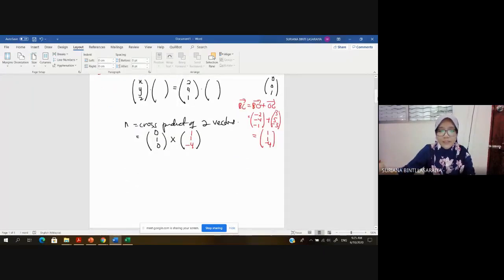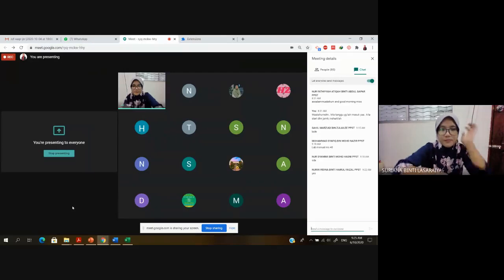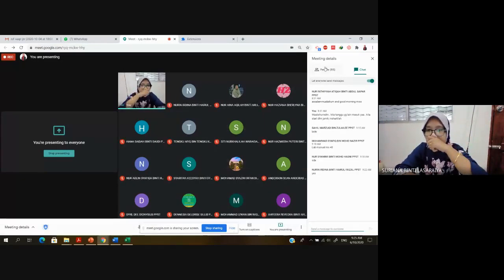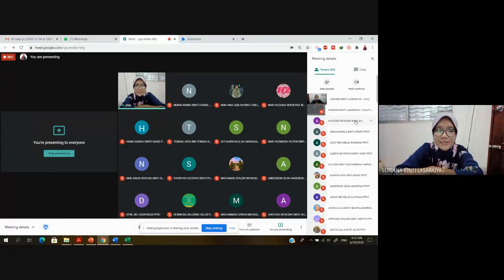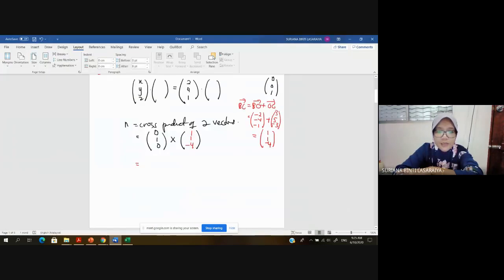Can you find the value? What is the cross product of these two vector? Saya panggil nama. Siapa? Arfihani Wildani. What is the cross product of ini? Of 0, 1, 0 cross with 1, 1, -4. Can you give me the answer?